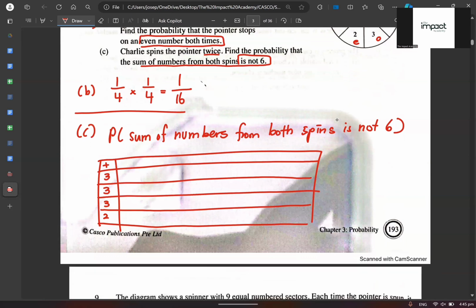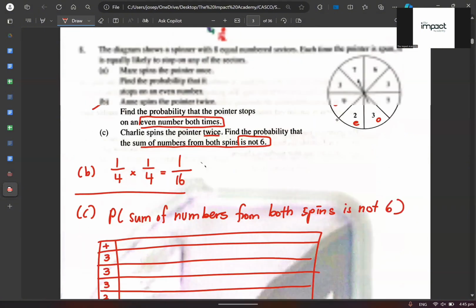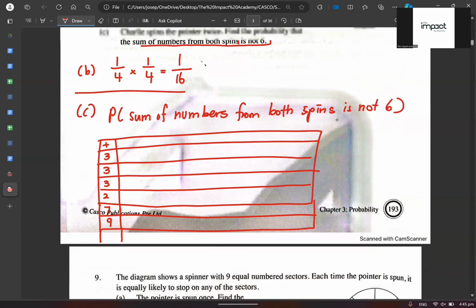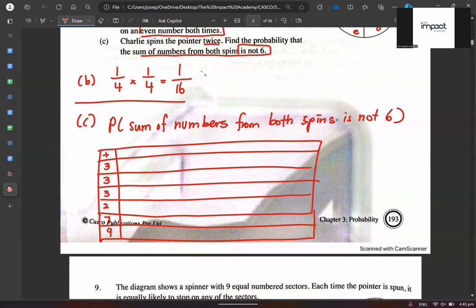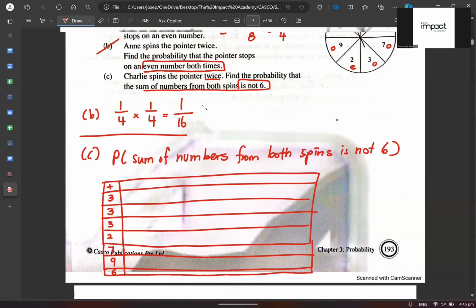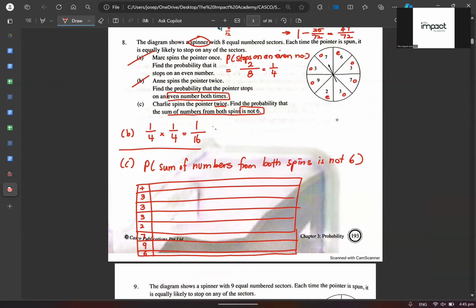And then what else? 7, 7, 9, 9. What else? 6, 6. Is that all? 1, 2, 3, 4, 5, 6. What else? 7, 7. Oh, 7 two times.